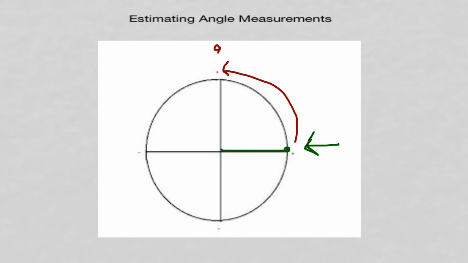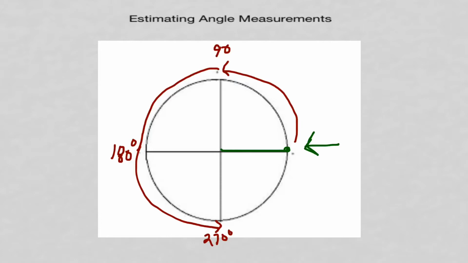That's 90 degrees. If you go all the way around, that makes it 180 degrees. All the way down to here is 270 degrees. And back to the starting point, what you would think of as 3 o'clock, the 3 o'clock line is the 360 or the 0, depending on if you're starting from there.